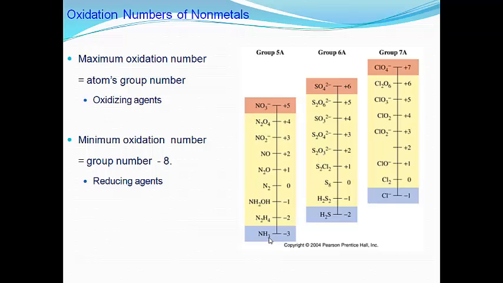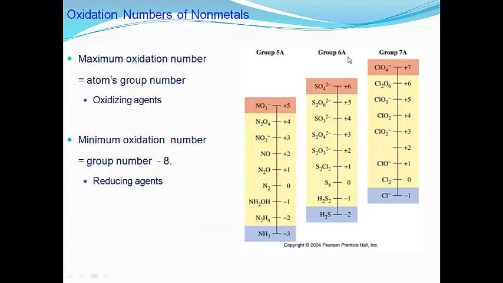In this case the oxidation number can only increase, it cannot become less, and therefore the ammonia becomes oxidized. It can only become oxidized, and hence is a strong reducing agent.